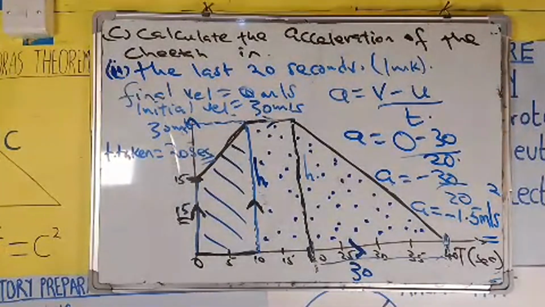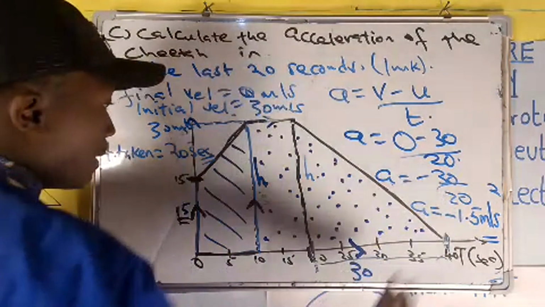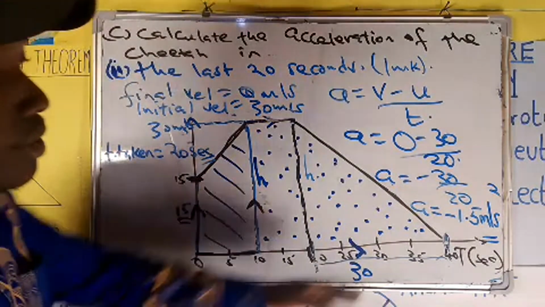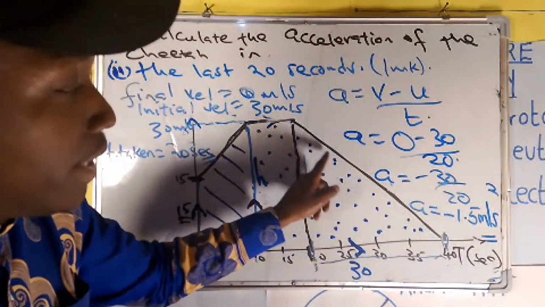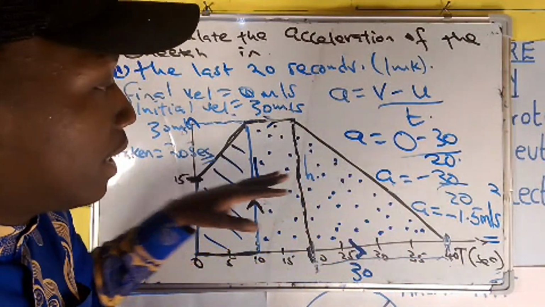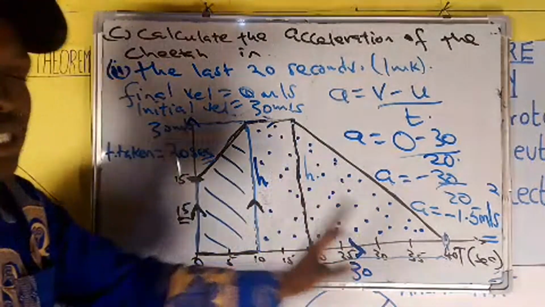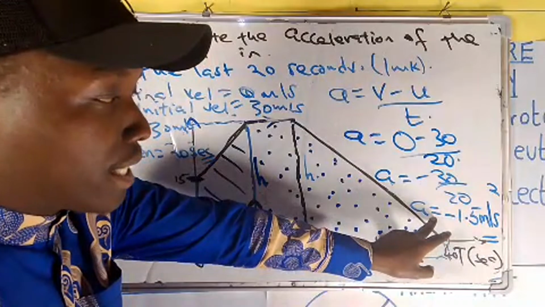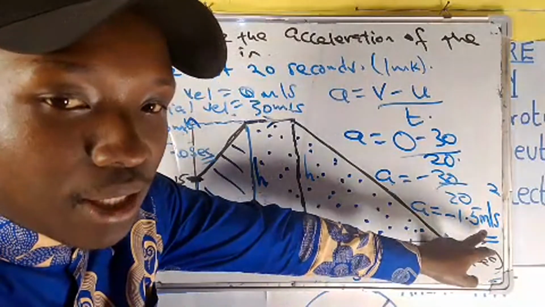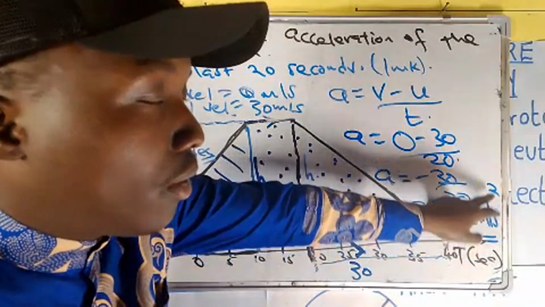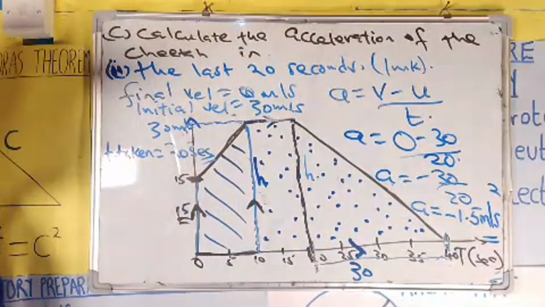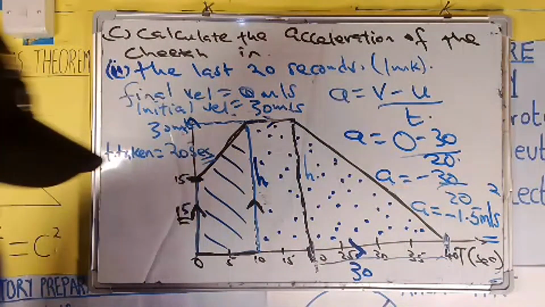Remember we said negative acceleration is the same as deceleration. So this one is meaning, you see, the speed was going down. It means that the cheetah had started applying brakes. It had started decelerating. That is why we have our acceleration as negative 1.5 meters per second squared. By having that, we can do the last part of that question.